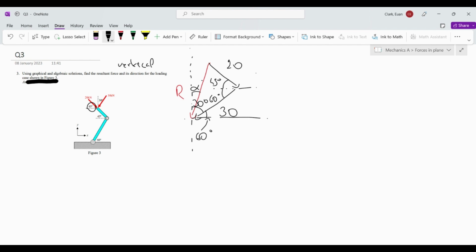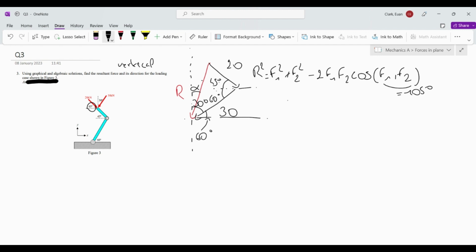If you remember the formula, R squared equals F1 squared plus F2 squared minus 2 F1 F2 cosine of the angle between F1 and F2. In the last episode this angle was 90 degrees, so the cosine term would be 0 and cancel out. But here it's 105 degrees, because we're adding the 60 and the 45.